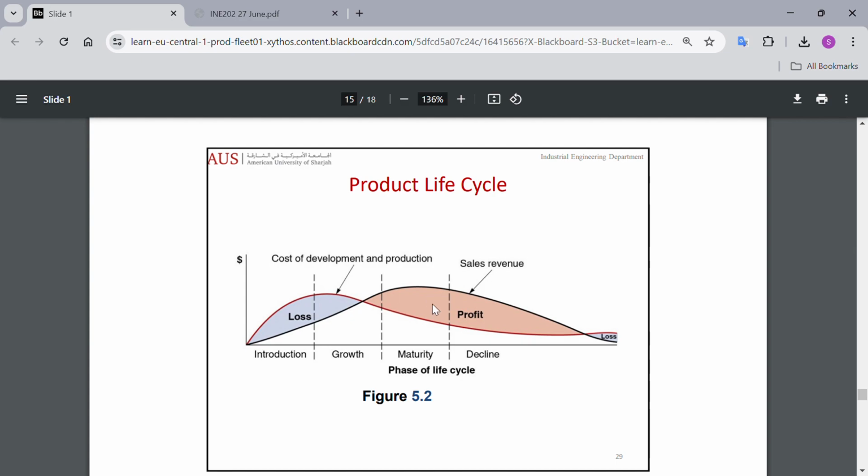And then of course, no product lasts forever. Products at the end decline, and profits decline with it until it reaches a point where it's really dead. One example is, let's say, Nokia.